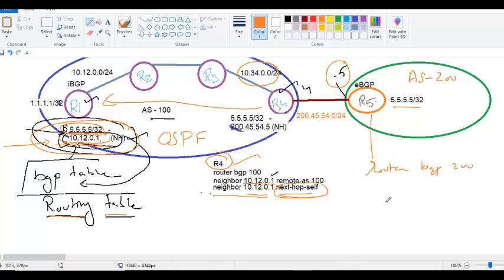To advertise, you need to say network 5.5.5.5. You have to exactly match the mask that is in the routing table for this network. So if it is not classful, use the keyword mask and say 255.255.255.255. Only then will it advertise.